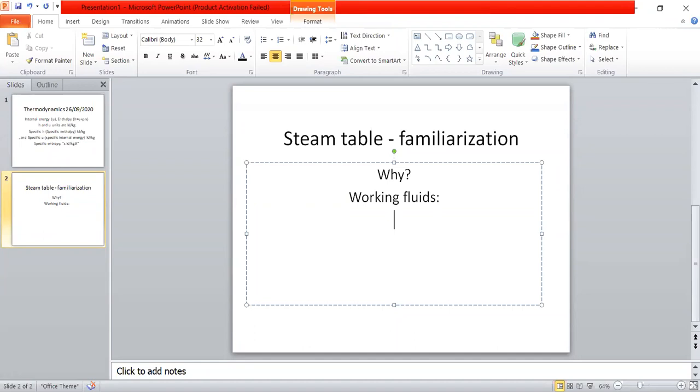For example, in thermal power generation using steam, because you can use steam for thermal power generation.